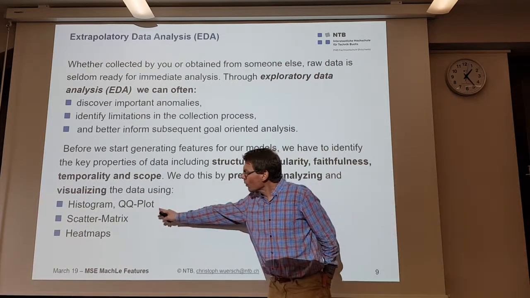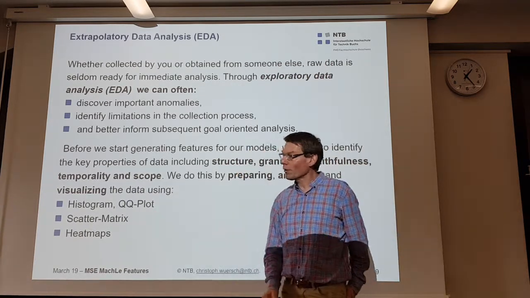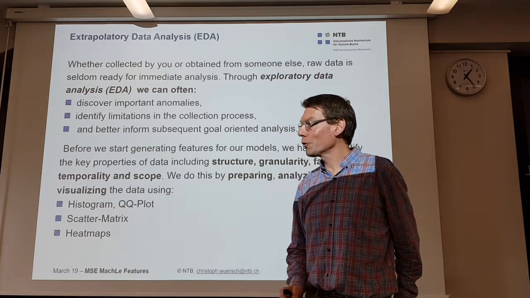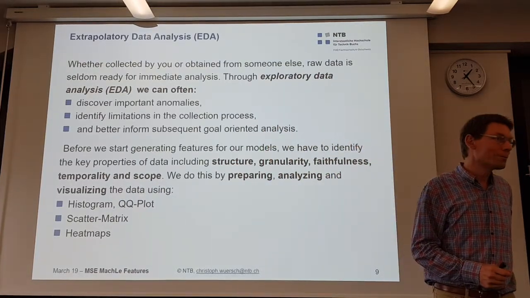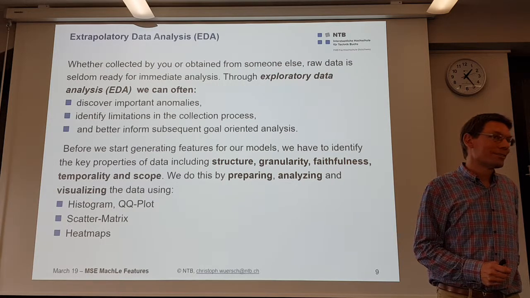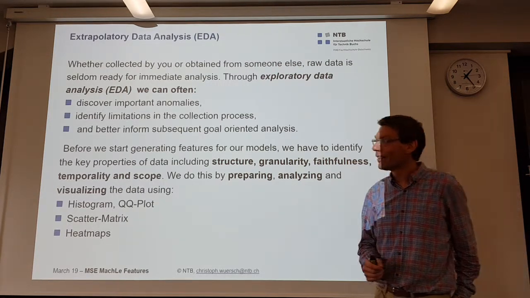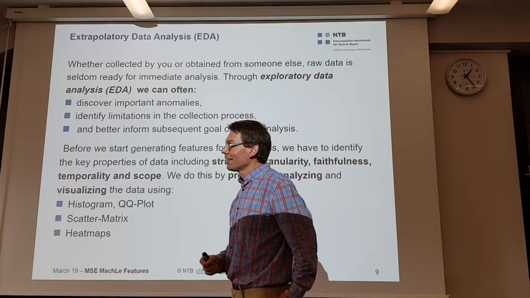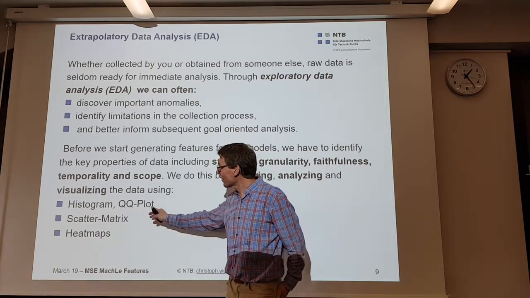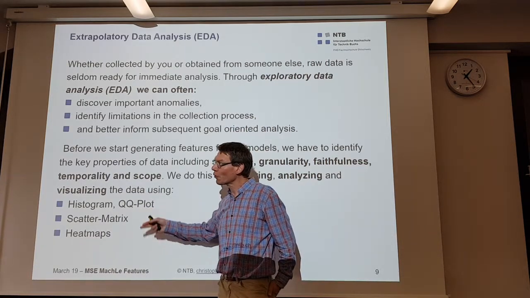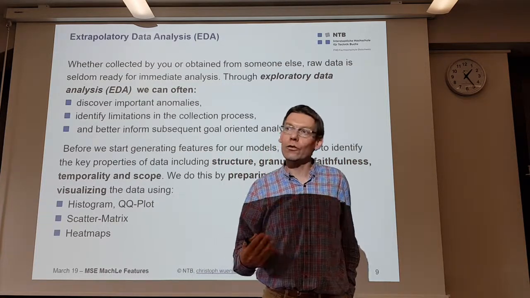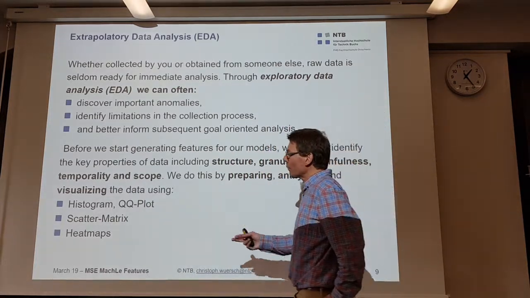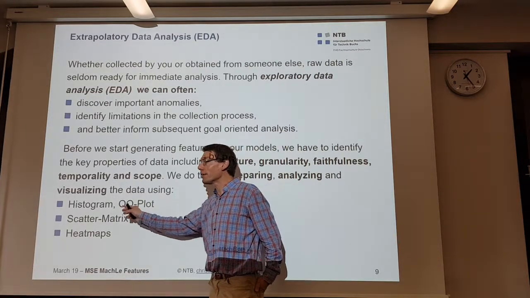Do you know what QQ plots are? QQ, quantile plots. They're used for? Yeah, to see if the data is normally distributed. Right. So if you take the reference distribution to be a normal distribution, you could check for another distribution, is it also normally distributed? But in principle, you could use a QQ plot for any distribution.